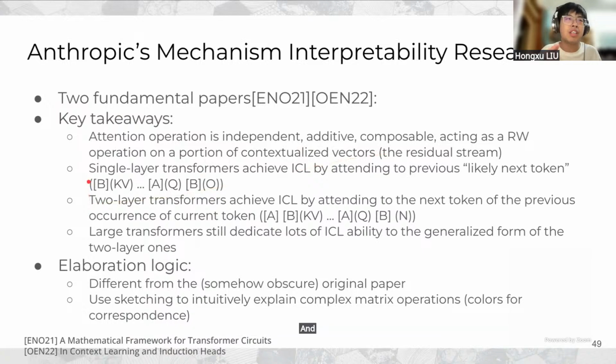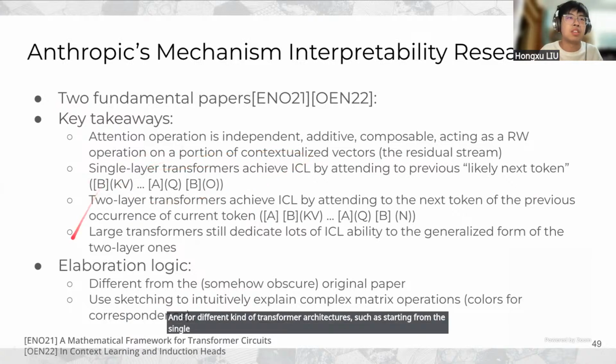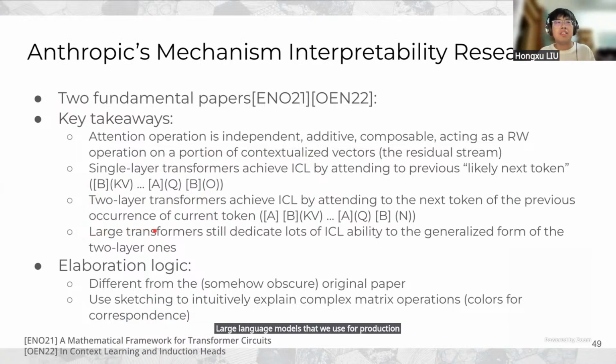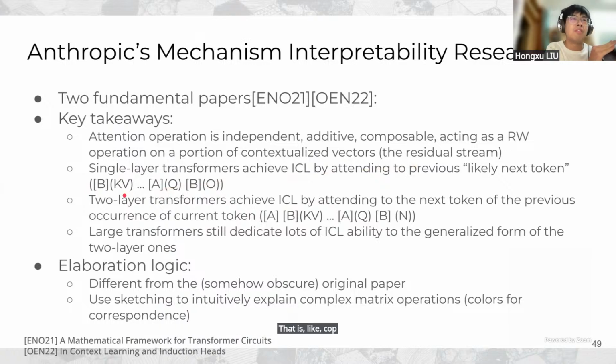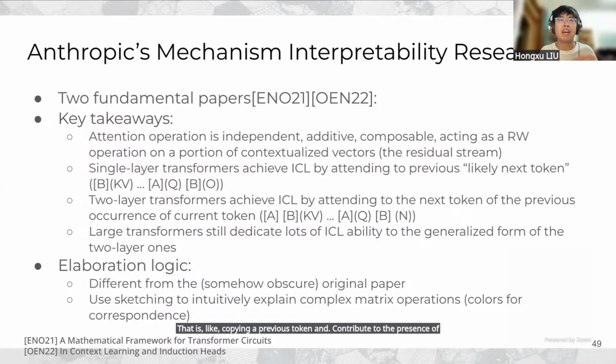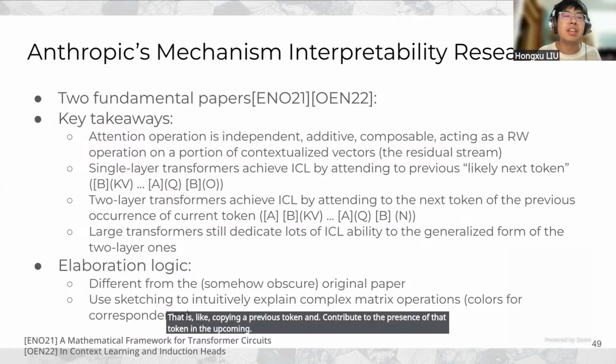For different transformer architectures, from single-layer transformers to the large language models that we use in production, the paradigm of doing in-context learning is quite similar.